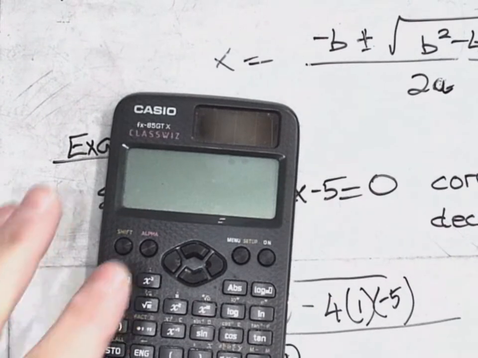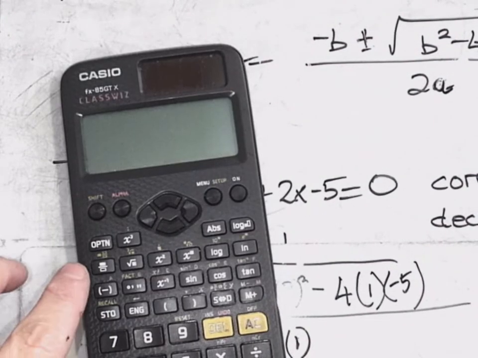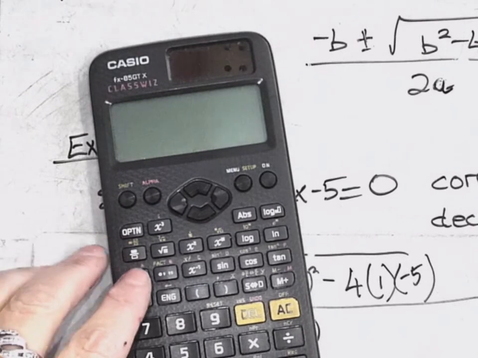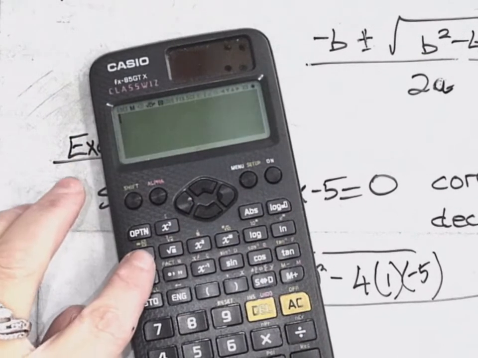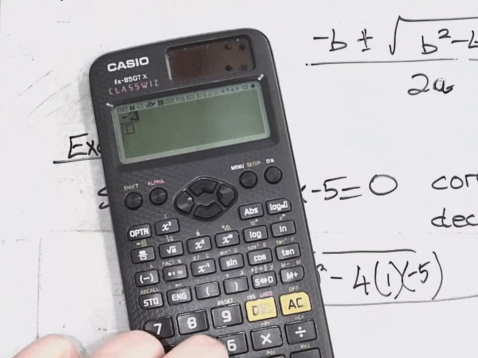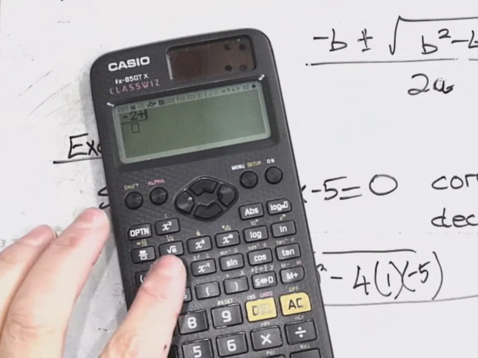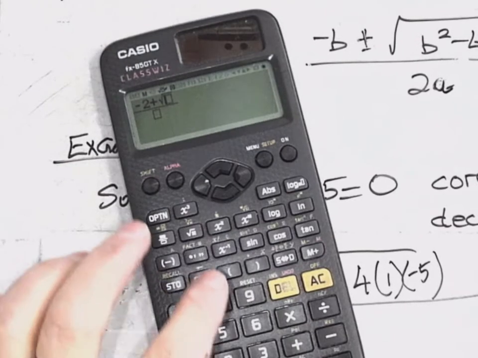Okay, press the fraction button first. So on top you put a minus sign, a small minus at the start. Press the fraction button, then press small -2. Put in the plus to start with. Then you do a square root sign, and I do 2 squared.